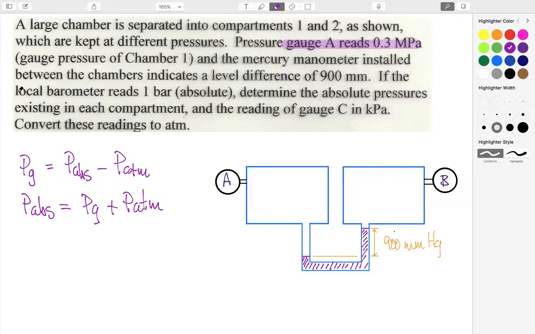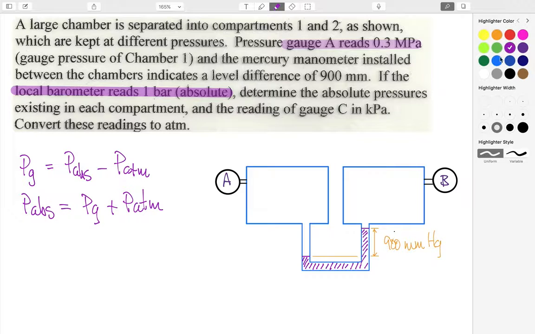We also know that the local barometer, that is our atmospheric pressure, is something outside this container. We're supposed to determine the absolute pressures existing in each compartment and the reading of gauge C in kilopascals. And then they want us to convert all these readings to atmospheres.